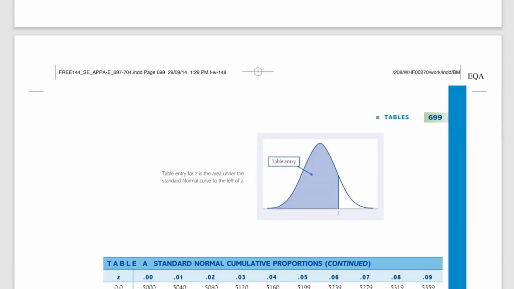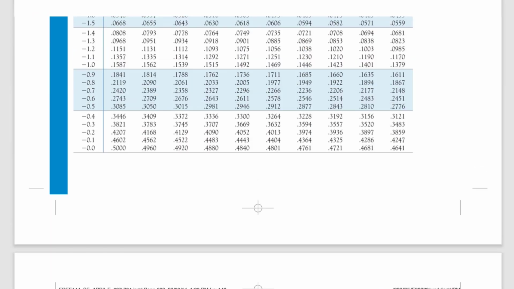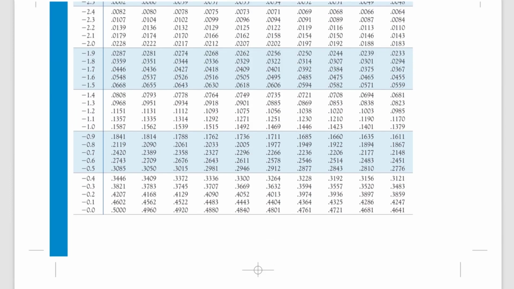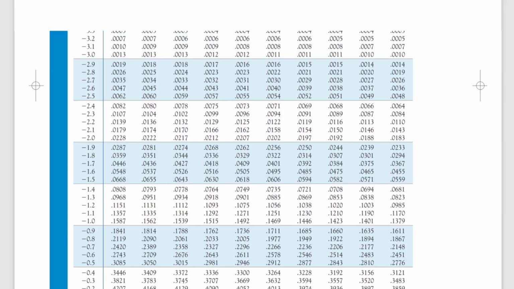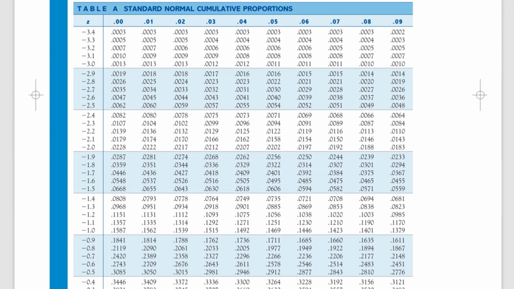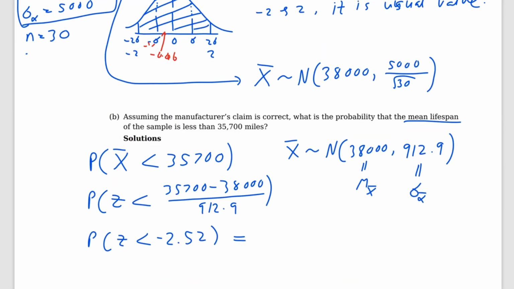Negative value here, negative 2.5 here, you see that negative 2.5 here and 2, okay, here 2 should be this, that is what? 0.0059. So you can say 0.0059.